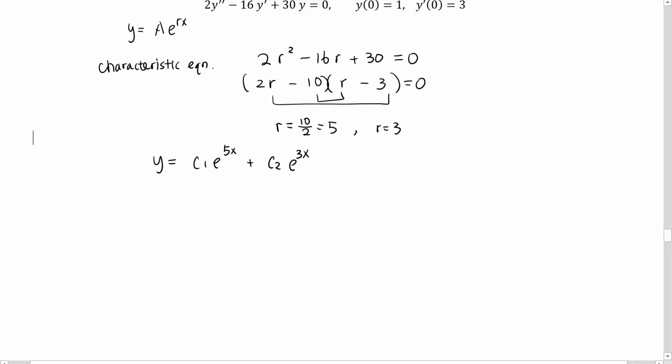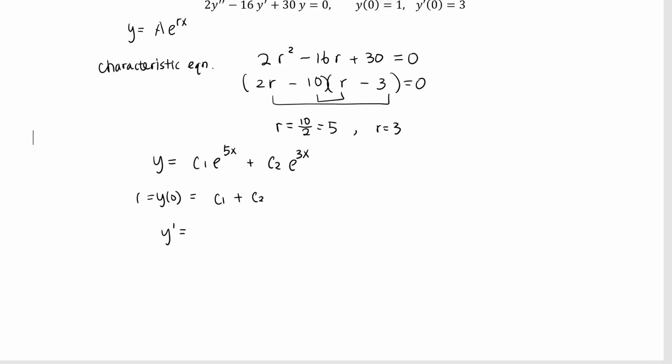So let's plug in y of 0. Y of 0 is 1. When we plug in x is 0, we get c1 times 1, plus c2, e to the 0 is also 1. We get one equation about c1 and c2. To get the second equation, we need y prime.